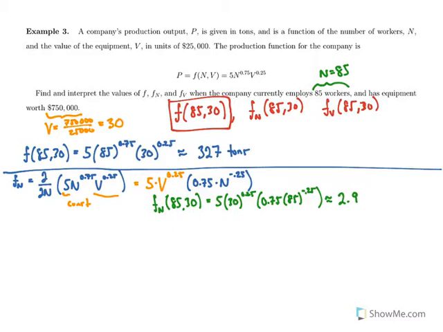So what this means in the context, as we're thinking in terms of n, this says that currently if we increase the number of workers by 1, the production should go up 2.9 tons.